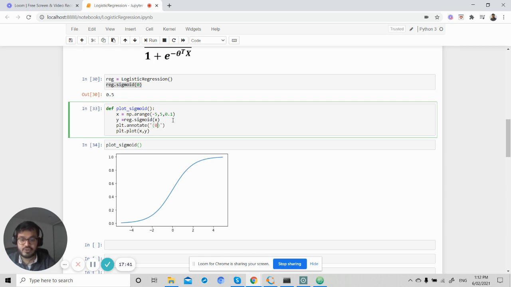So let's say it's 0 to 0.5. My xy will be 0, 0.5, and my position of xy text is something close to -2.8, say, and my y would be 0.55, suppose.